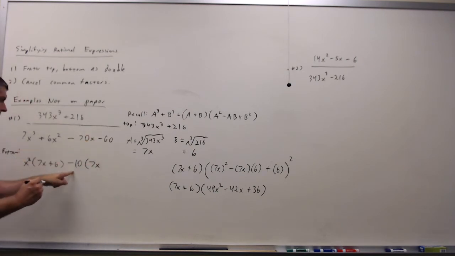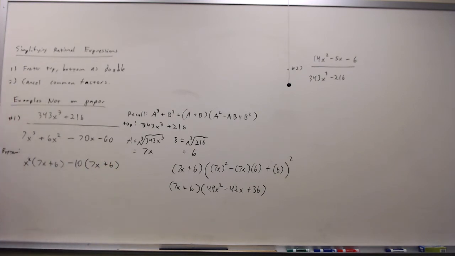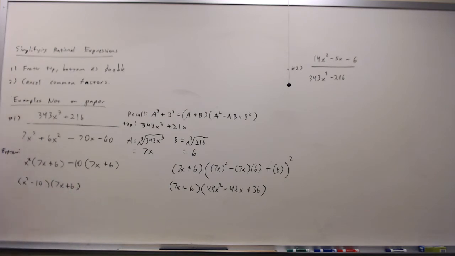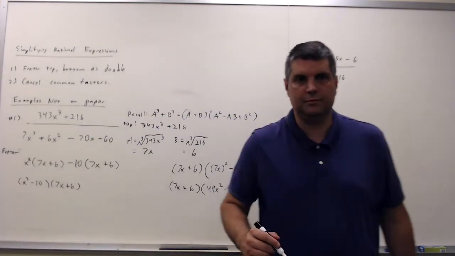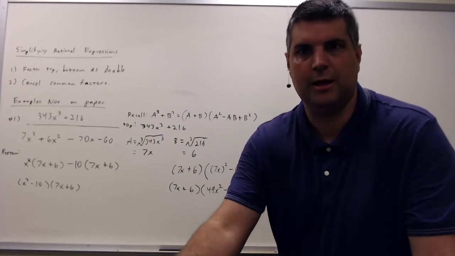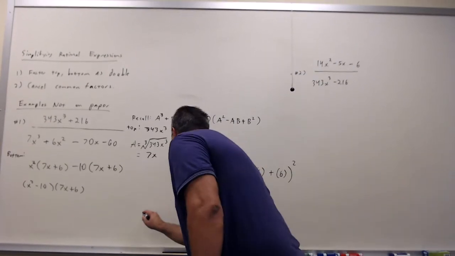Negative 60 divided by negative 10 is positive 6. So this will be x squared minus 10 from putting these two together, and 7x plus 6. Make sure everything fits. Finish.